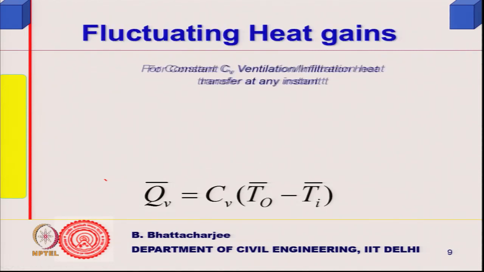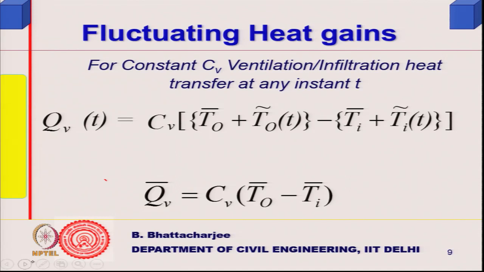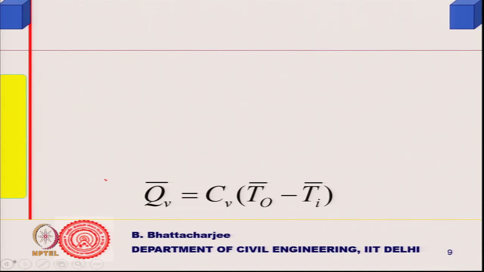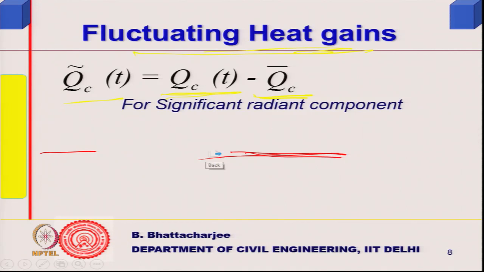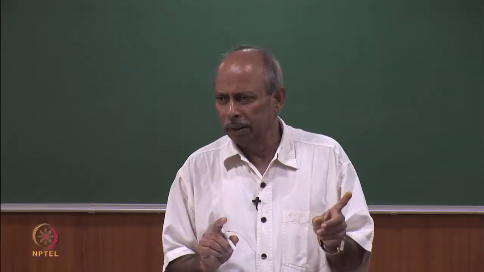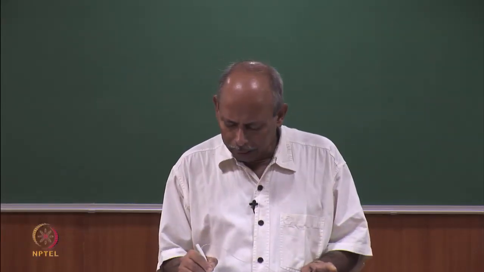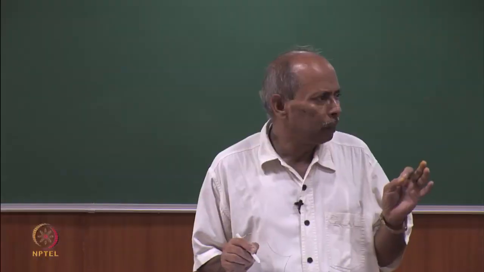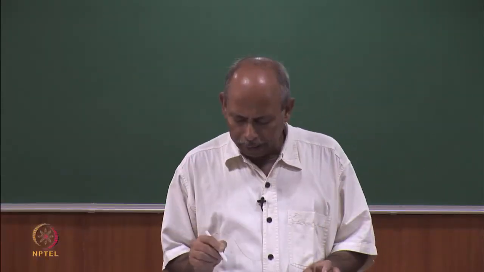And then we said that ventilation heat gain is the one that we are supposed to look into. CV, we are taking care of constant air change at the moment. We are not assuming CV as a function of time; we are assuming CV is constant, which means we have a fixed rate of air changes.